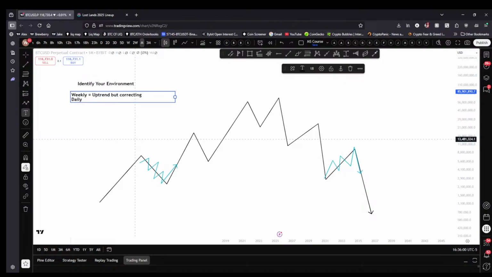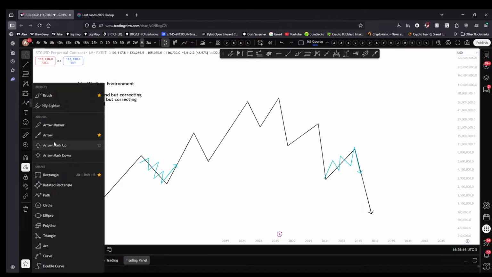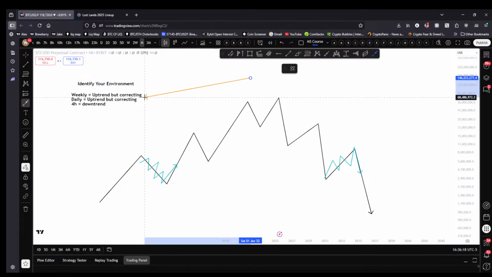And your daily is in an uptrend, but correcting. And your 4-hour structure is in a downtrend. What do you think the best, highest probability win rate, highest RR trade in this situation is going to be?